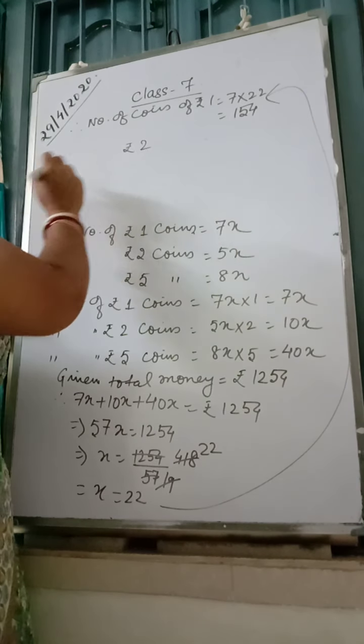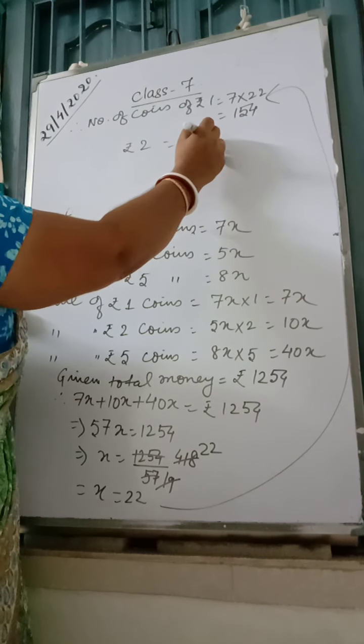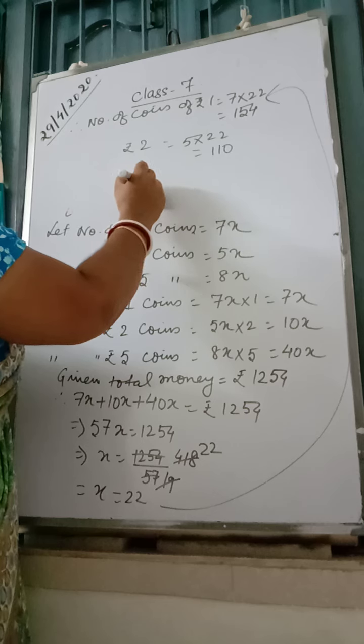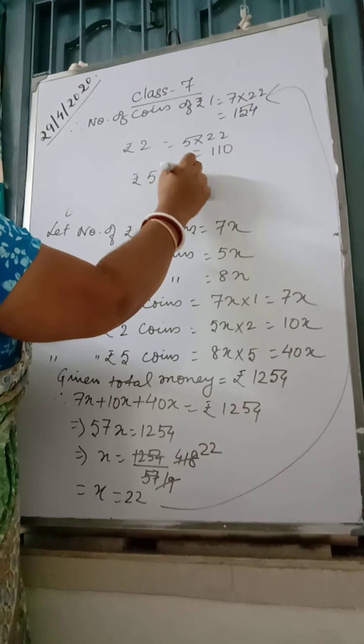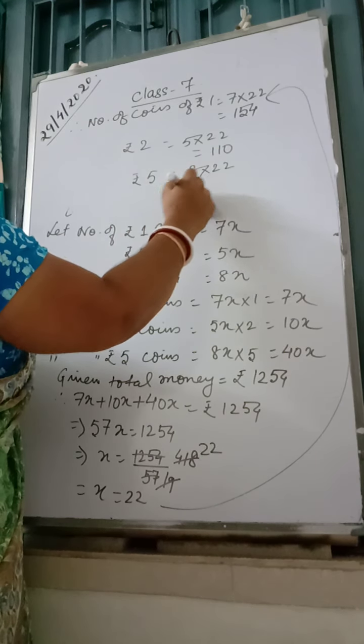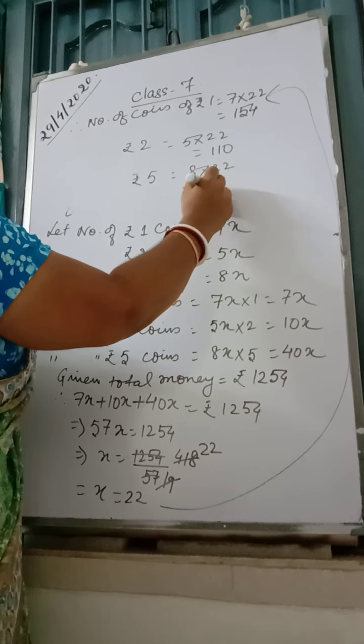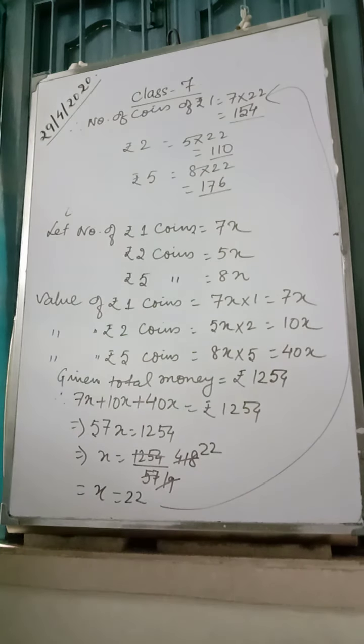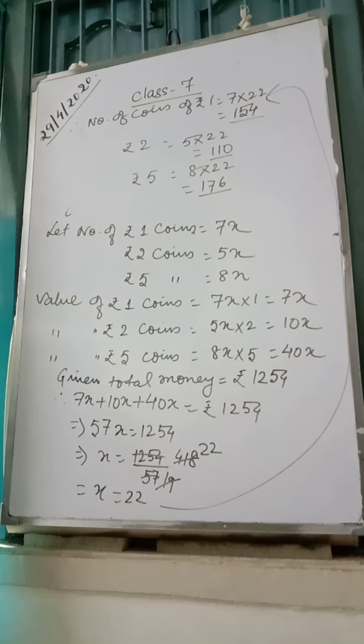Rupees 2 coins are 5 into 22, that is 110. And rupees 5 coins are 8 into 22, that is 176. This many coins were there. Is it? These were not values, these were the coins.